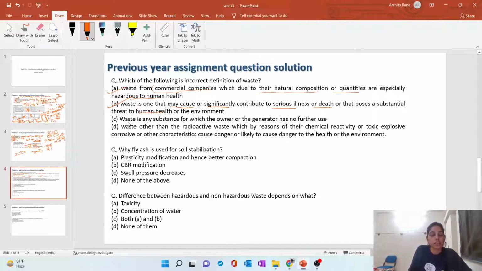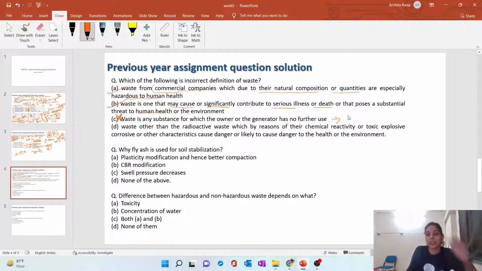The third is any substance for which the owner or the generator has no further use. It's an incorrect definition because there are a lot of things that we do not use but cannot be considered waste, right?